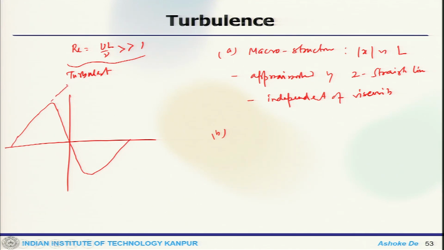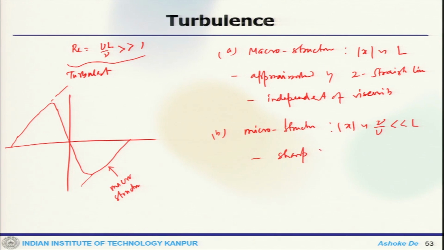So, this is the straight line that we are talking about, that is essentially the macro structure, and then we can have micro structure where nu by U is less than L. So, there would be sharp gradient and viscous diffusion dominates.